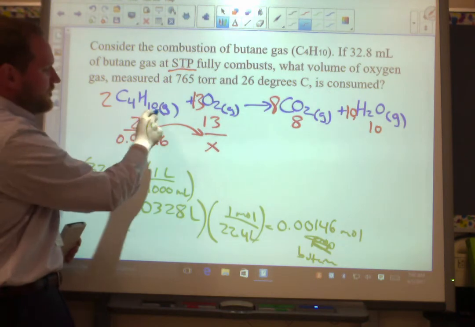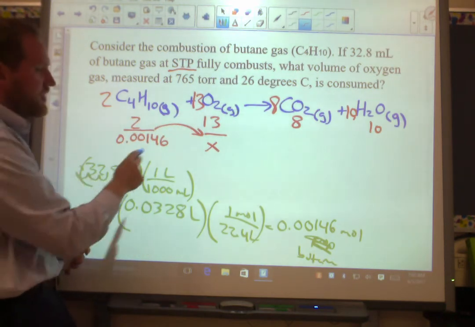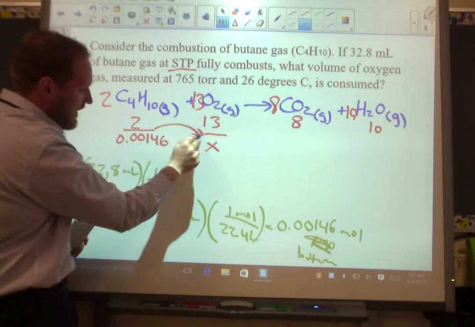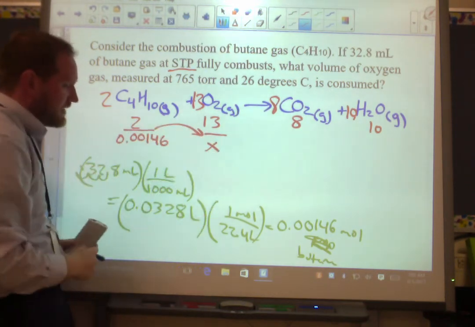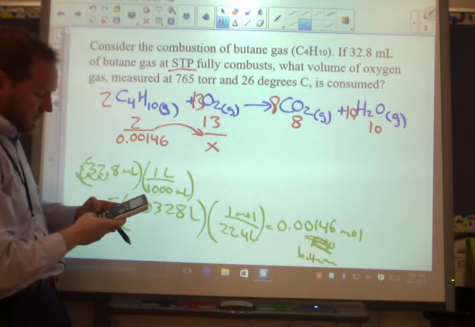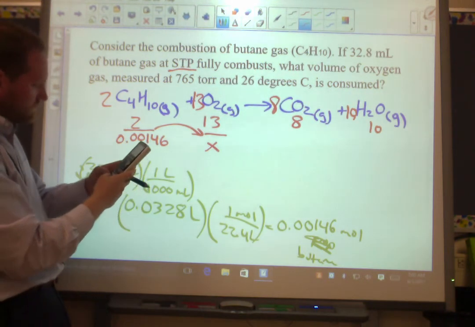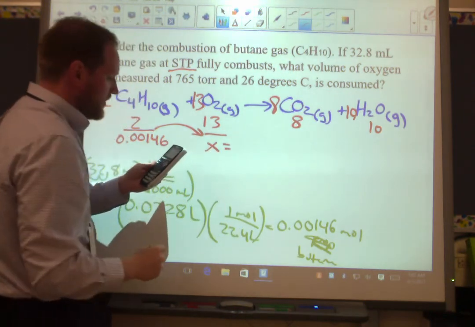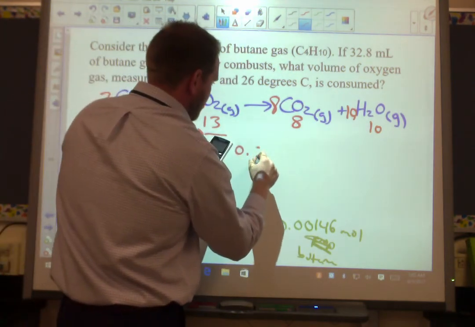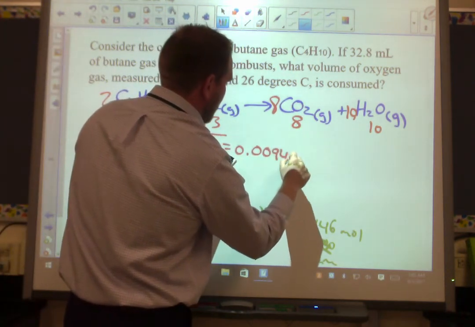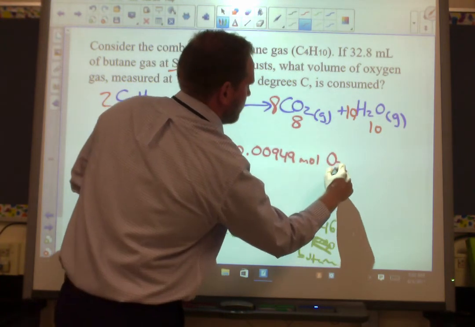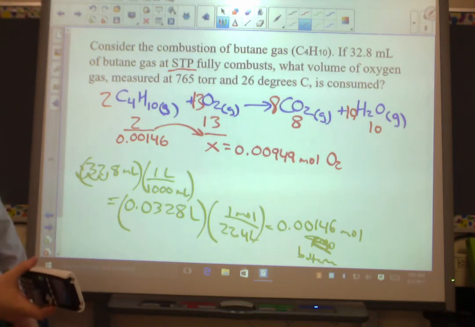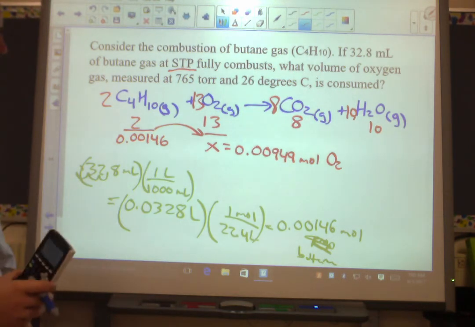But I can also say, look, 2 to 13, how many times bigger is that? Well, 13 divided by 2 is 6.5, which tells me that this is 6.5 times bigger. So I'm going to multiply this by 6.5. And that tells me x equals 0.00949 moles of O2. So that's how many moles of oxygen gas are consumed, being a reactant.